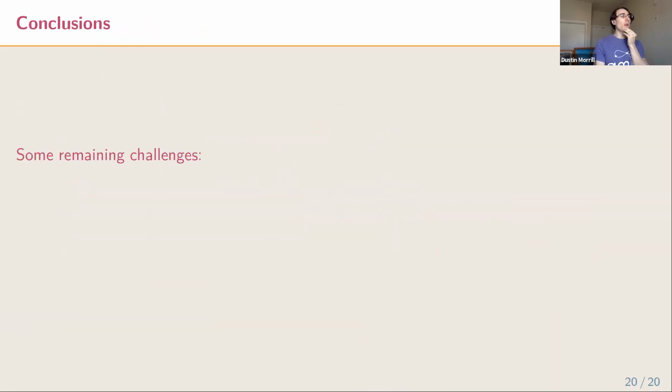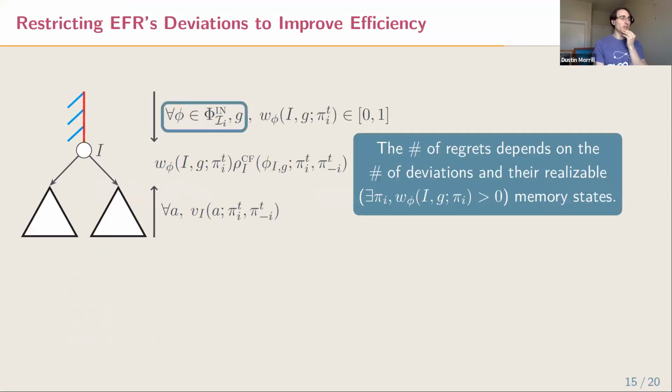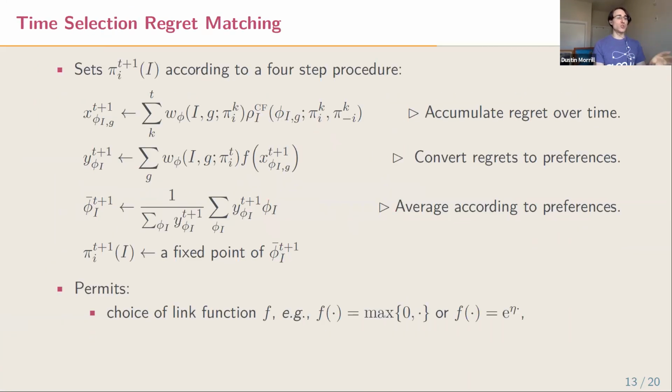One other nice thing that I skipped over really quickly, concerning these two different link functions that I mentioned, is that this ReLU link function doesn't have any parameters. And so we can have a parameter-free learning algorithm. It doesn't depend on the scale of the rewards, doesn't depend on the number of rounds. And so it's really nice to deploy, and it performs well in practice.